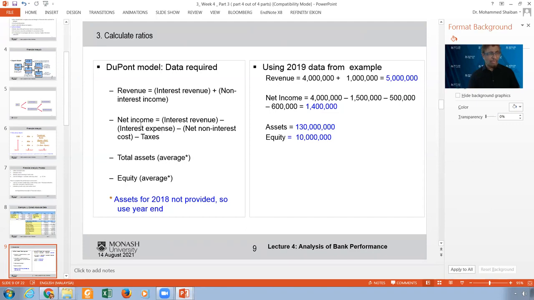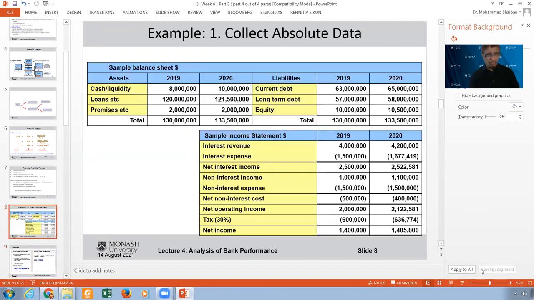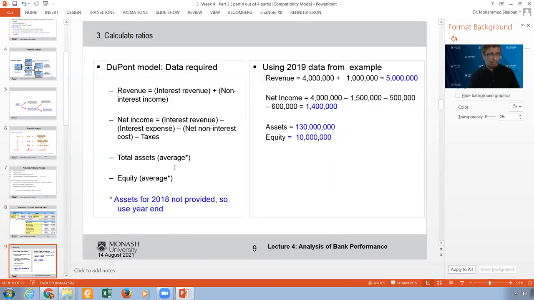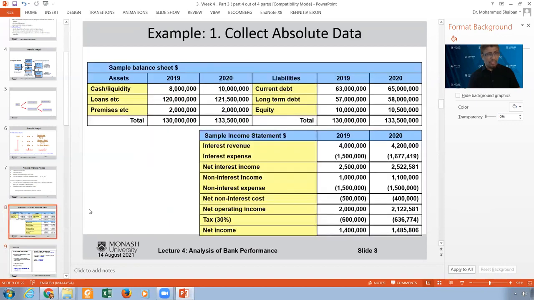We can calculate the net income, which is this one. It's just the bottom line. This is the net income for the 2 years. It's just reflected here. Total assets, we take the average of 2 years. And this is what we do in banking. Equity, we take the average. But the problem in this example, I have only 2 years, 2019. I can take 2020 and 2019 and make an average.